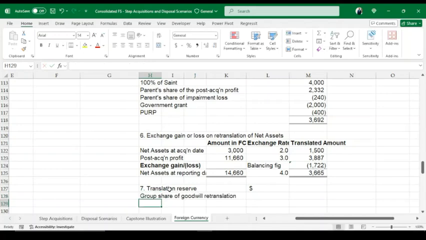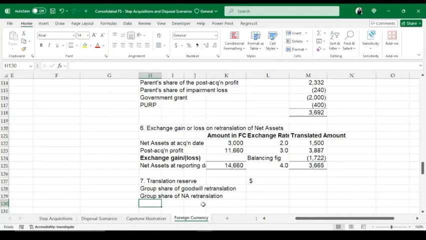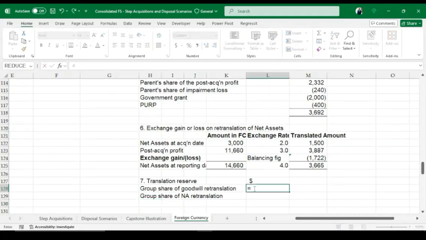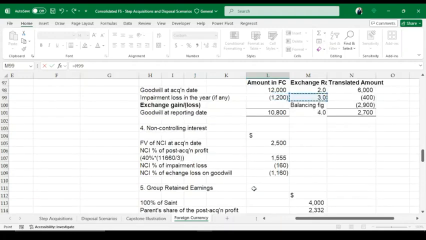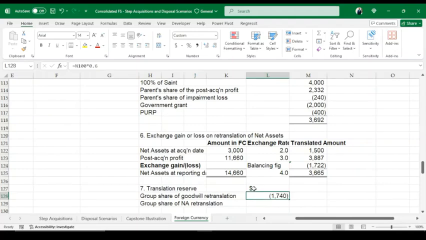Now the NCI share has already been dealt with in the NCI calculation, and then we also have group share of net assets retranslation. All right, so we have equals the group share of the goodwill retranslation. Let's come to the goodwill. This is the amount multiplied by 0.6, and that will give us the group share.